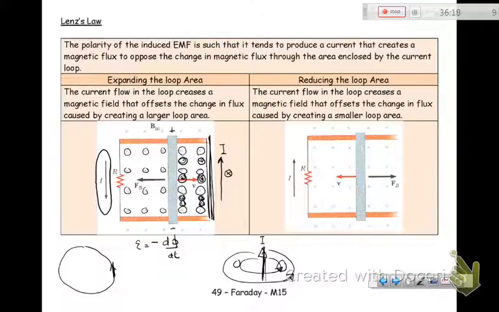Yep. So does that make sense? Have I justified this oppositeness? The fact that the current flow in the loop creates a magnetic field that offsets the change in flux caused by the larger loop area. It does the opposite.